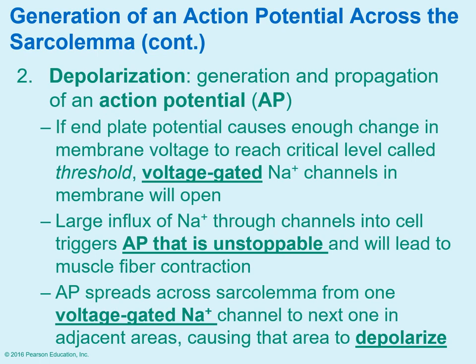Once you reach threshold level, it's all or nothing. Boom, you've got an action potential. An action potential is where you're changing the electrical charge and it travels across the entire length of the cell, not just a localized area like an end plate potential. You got the charge, it's gone, and it will travel the entire length of the cell.